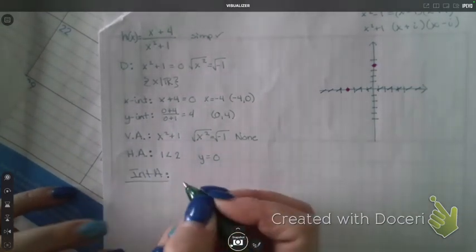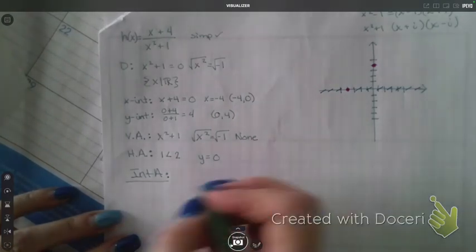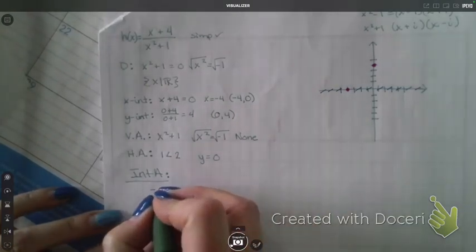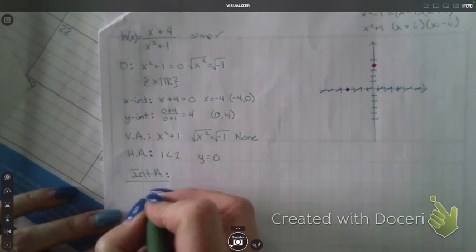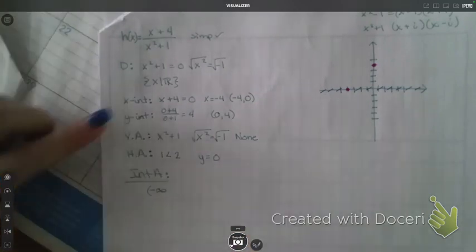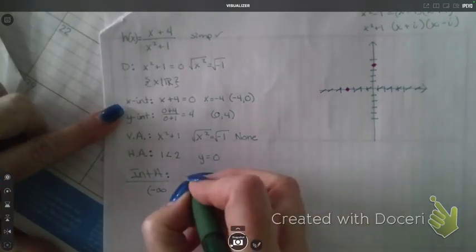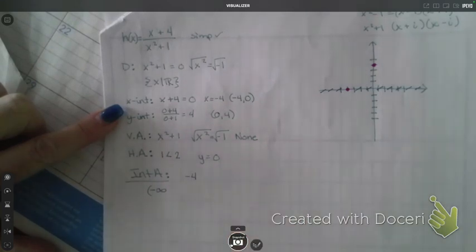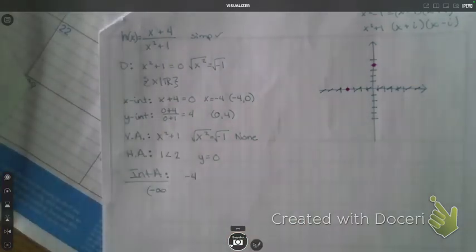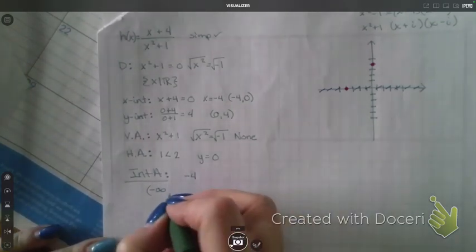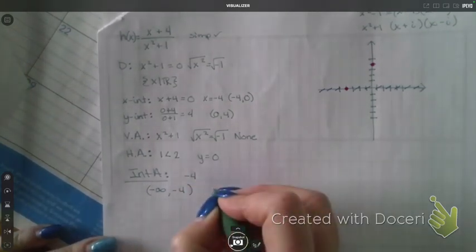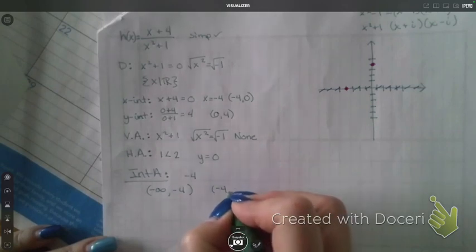Okay, so always start where? The x-intercept and vertical asymptotes. The x-intercept was -4, and any vertical asymptote? Nope. So I'm going negative infinity to -4, then -4 to infinity.